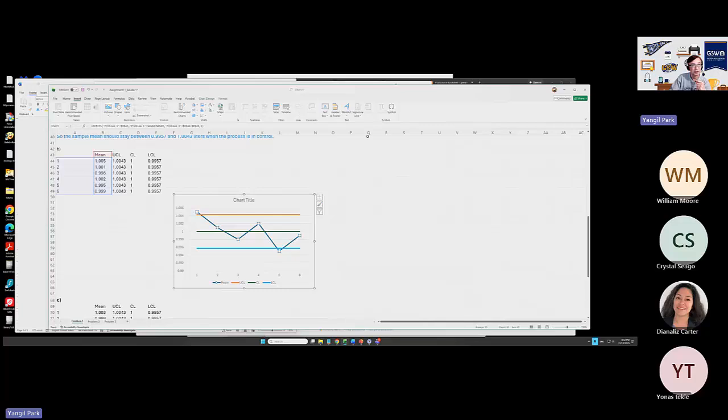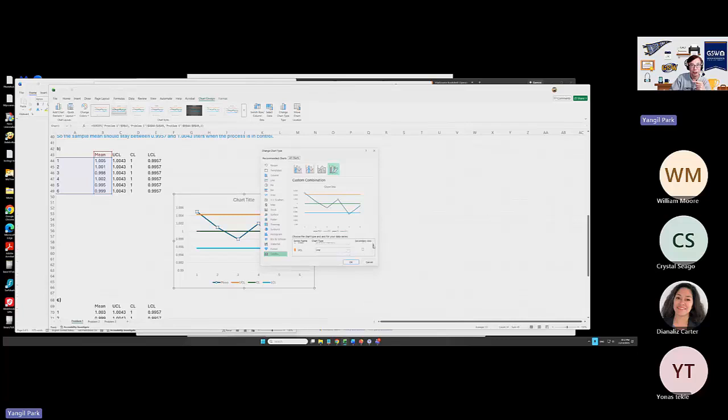So what you can do is go to design. I know it's kind of small up there, but in the toolbar, there's a change chart type, so that we can change the sample mean, this guy.